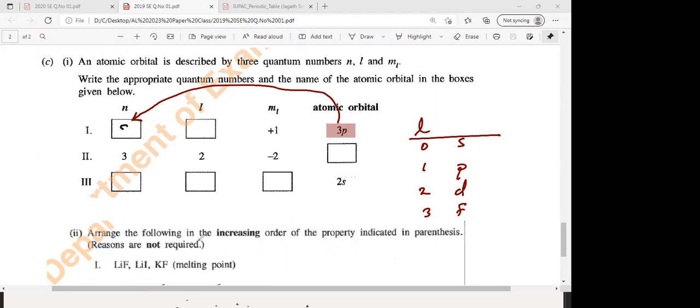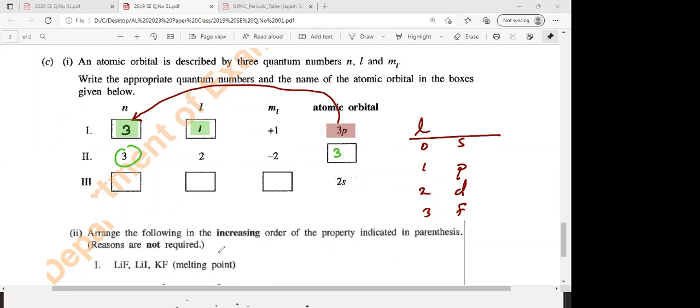This is 3 because the principal quantum number is 3, and l will be 1. I'll highlight here: here it's 3 and here it's 1. Next one, part 2, what is the answer? How to decide the orbital? So this is 3, then you write here 3.